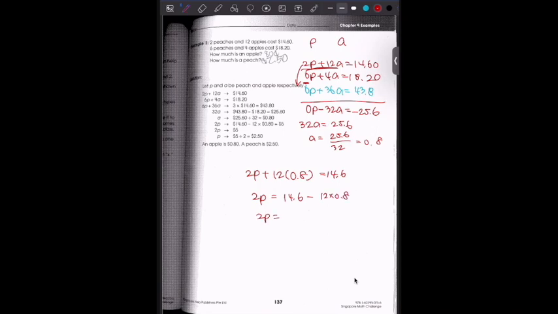And so 2p is going to be 14.6 minus 9.6. And so 2p is going to be 5 and p is 2.5. So we know that an apple costs $0.8 and a peach costs $2.5.